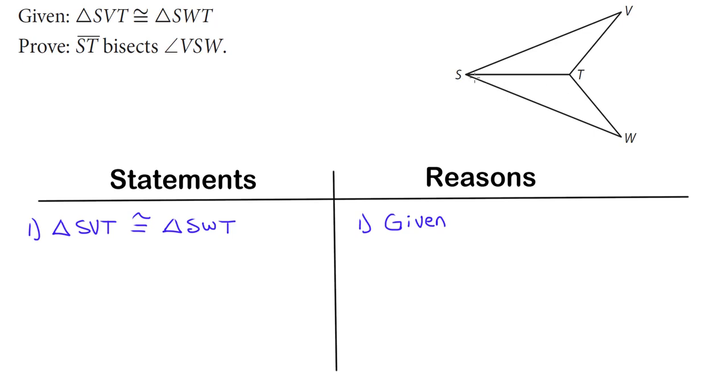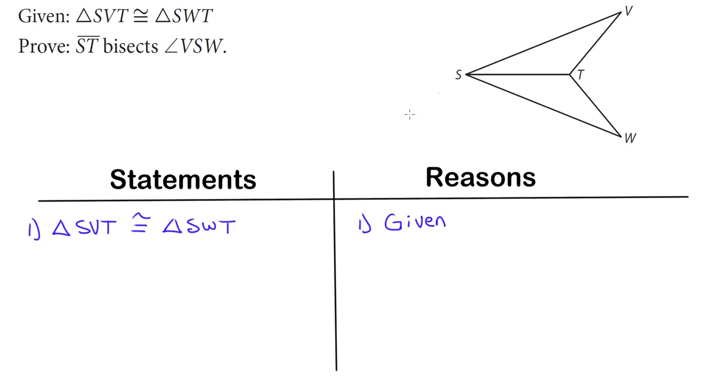So in order to prove that line segment ST is a bisector of angle VSW, we need to prove that angle VST and angle WST are congruent, because if ST is a bisector, then it cuts the angle perfectly in half, which means both halves are exactly the same. They're congruent. They have the same measure.